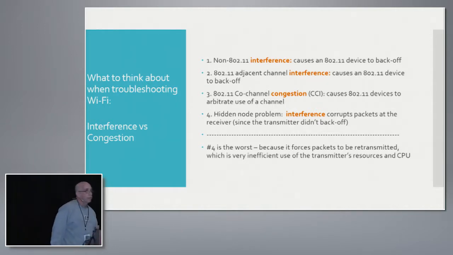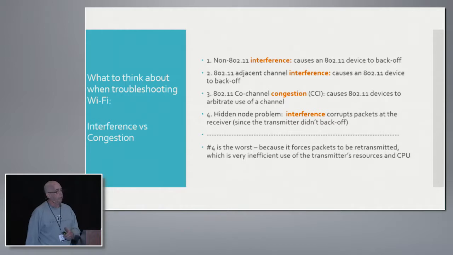One type of interference is from non-802.11 devices that will cause an 802.11 device to back off. Another type is adjacent channel interference, where you have 2 802.11 devices using adjacent channels. That will also cause back off.